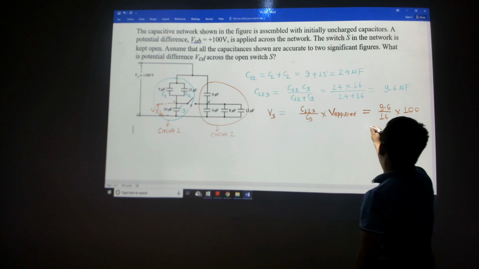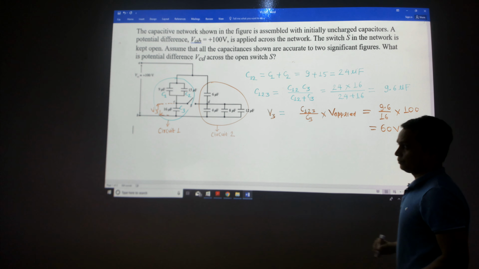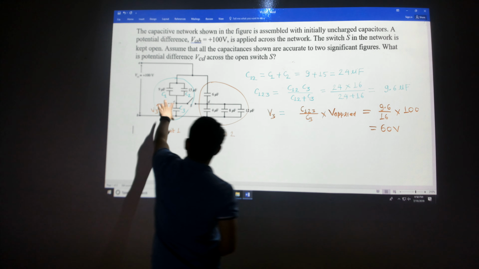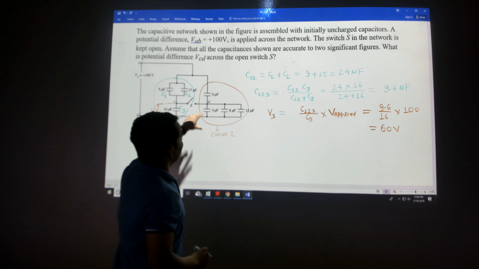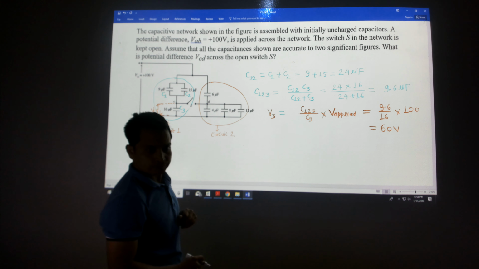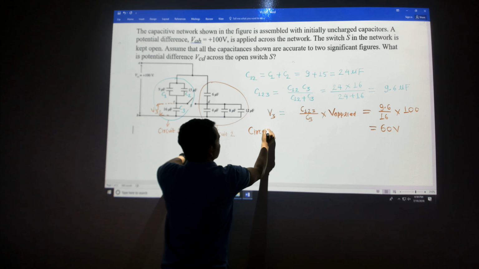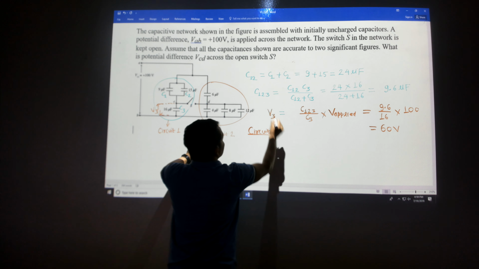So I found the potential across this capacitor. Now let me find it for circuit 2. This was for circuit 1.